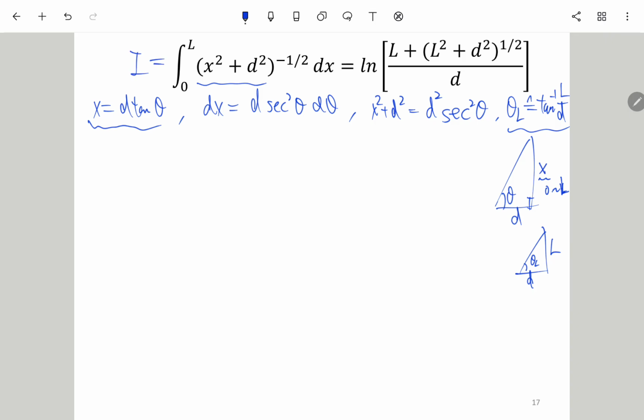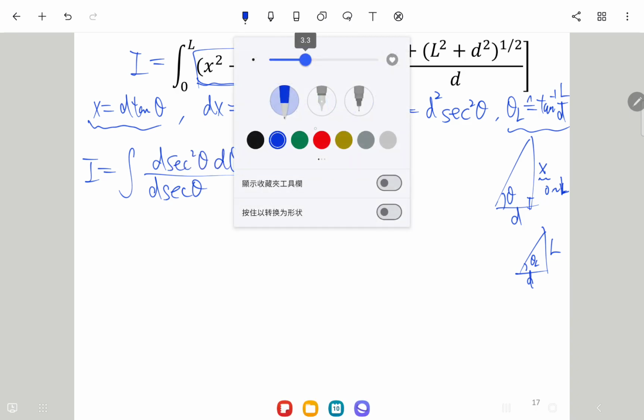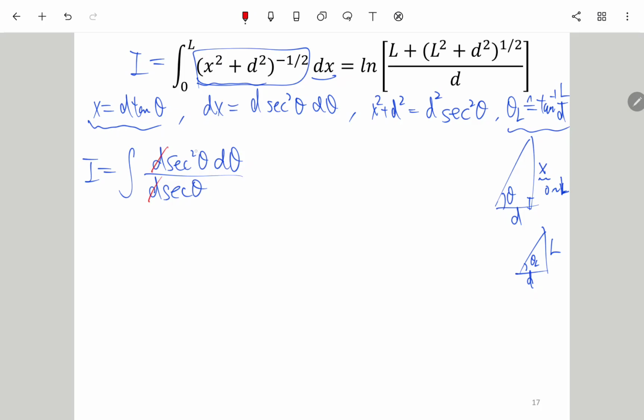So this integration I will be the integration of this thing. This thing is x squared plus d squared to the -1/2 power. So this part will go to here, d secant theta. And then dx will be d secant square of theta d theta. So we can cancel this d and this d, and then this secant square with this secant partially.